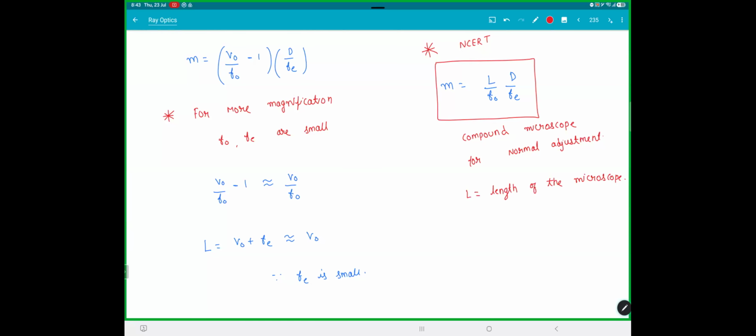Next thing. Now, in this, there is that case 2. Generally they won't ask you this in mains or BITS, but they could frame it, like I said, near point. What if the image is forming at D? So the final image is forming at the distance of least vision, meaning your eyes are maximally strained. So you always have to work from the back. So this is F naught, this is Fe.